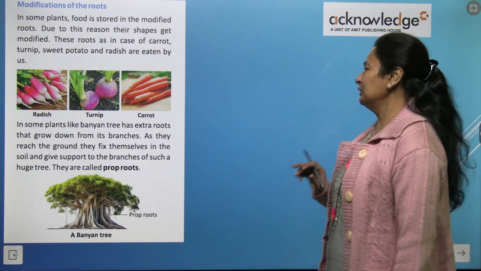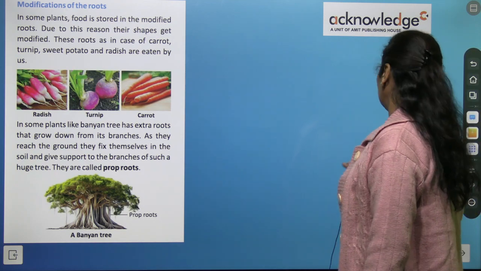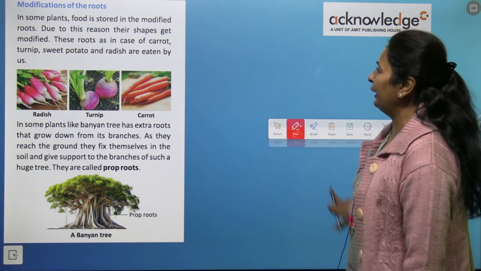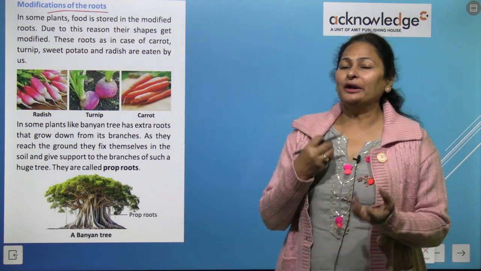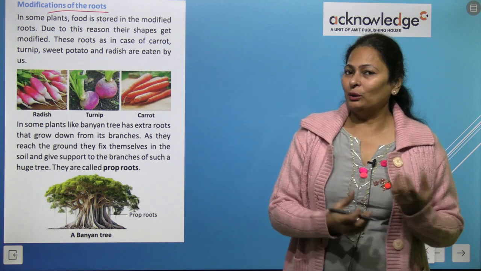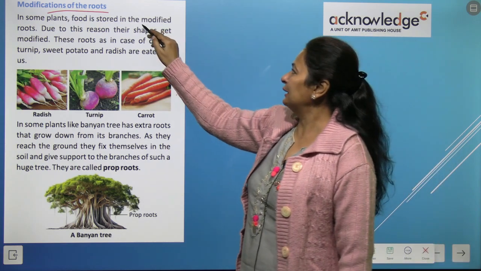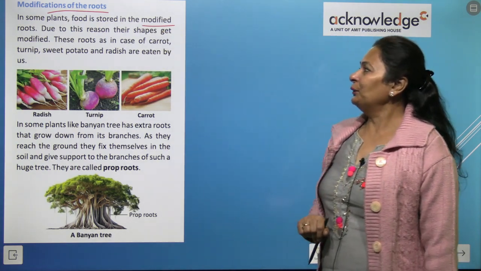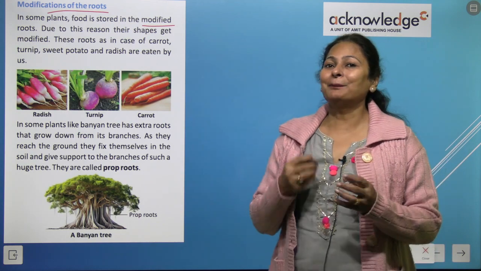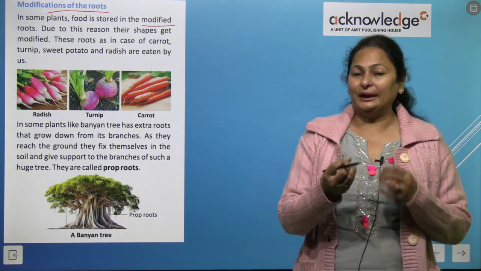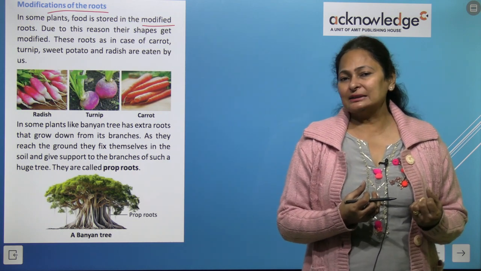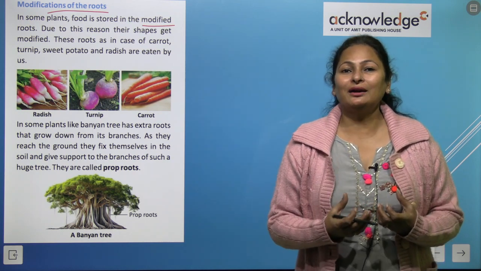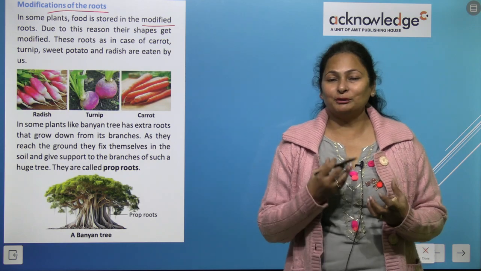Now, modification of the roots. We'll see some roots have been modified. Some plants store food in the roots also, so we call them modified roots. Due to this reason, their shape gets modified. We have studied in previous classes that we also eat roots as a part of the plant, right?